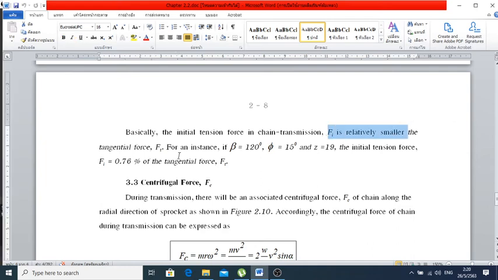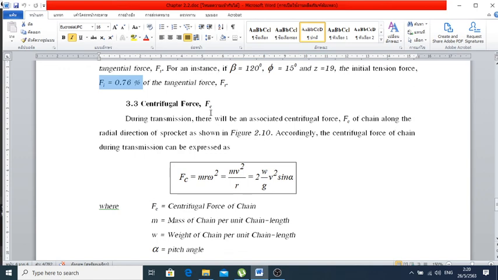For instance, if we have beta 120, alpha 15, and C is 19, F sub I is going to be about 0.76% of F sub T, or 0.0076, very small anyway.